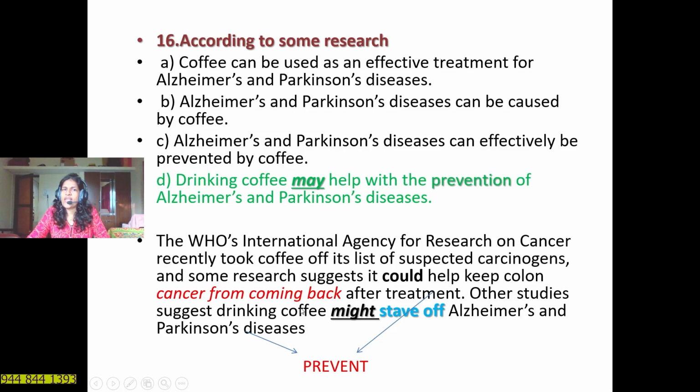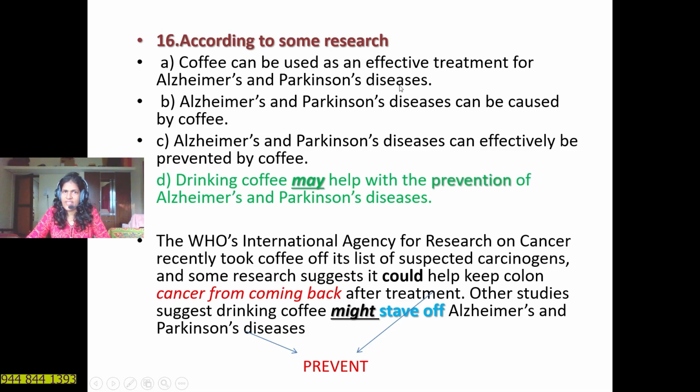What is this colon cancer from coming back? That is nothing but, coming back is prevention. Okay, coming back is prevention. Then other studies suggest drinking coffee might stave off Alzheimer's and Parkinson's disease. So what is the answer here? Coffee can be used as an effective treatment for Alzheimer's and Parkinson's disease.